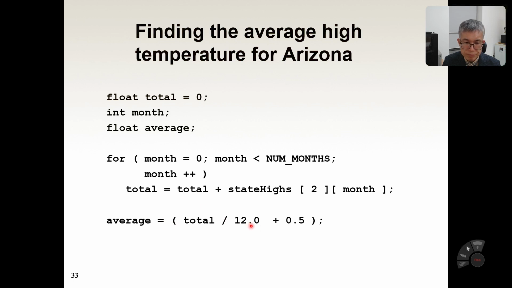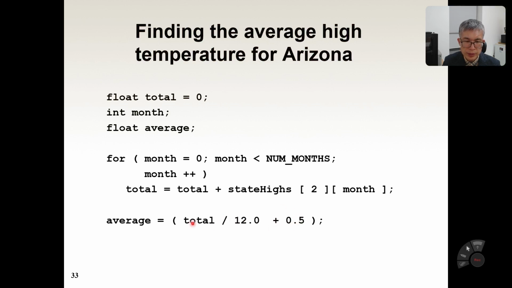Okay, remember the temperature is an integer and dividing by an integer is integer division. If we need a conversion for the floating number case, we intentionally use 12.0, so this rational number will be a floating number, and then plus 0.5.